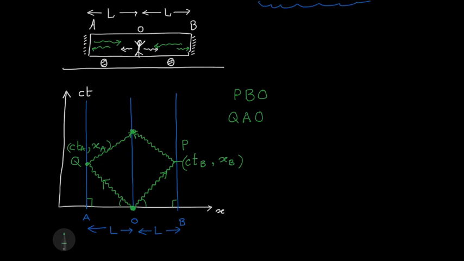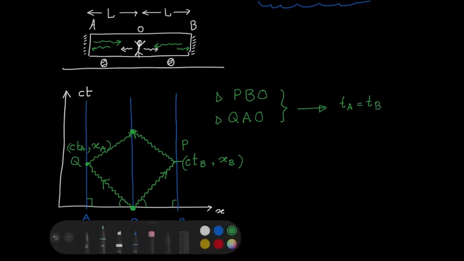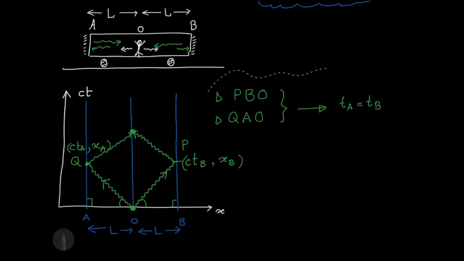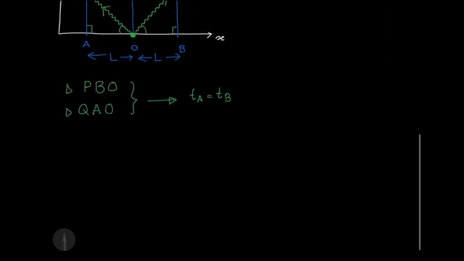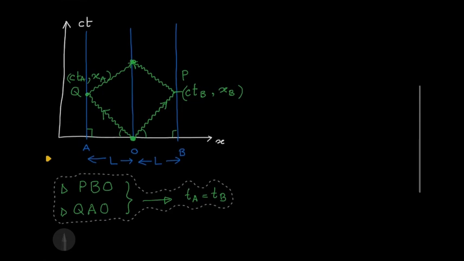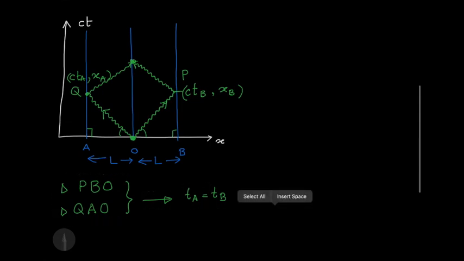So if you invert one, you will get the other triangle, which also essentially means, from these triangles, I can come to the conclusion now that TA has to be equal to TB, right? I should have written this down below. Let me do that. Bring it here. Okay. See, TA has to be TB.